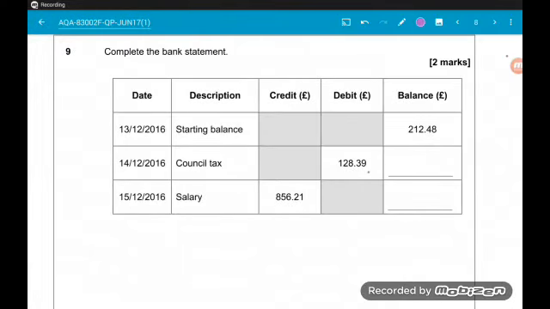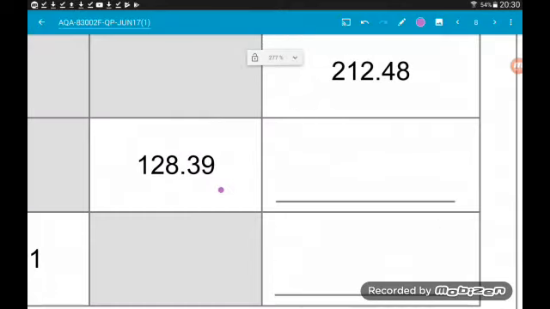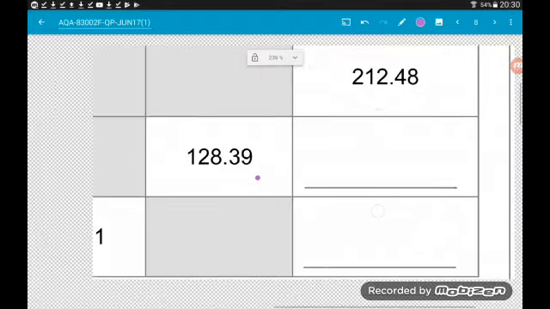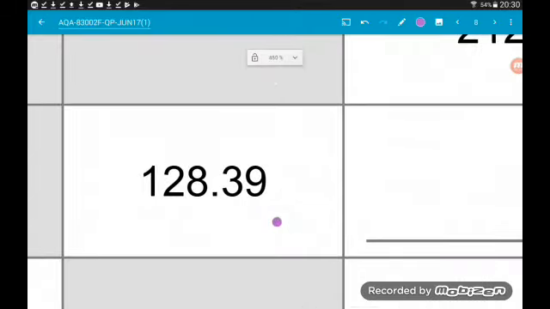Okay, question 9. So we want to complete this bank statement. So we've got two empty boxes for the balance. So we're starting off with a balance of £212.48. Then we're taking out £128.39.